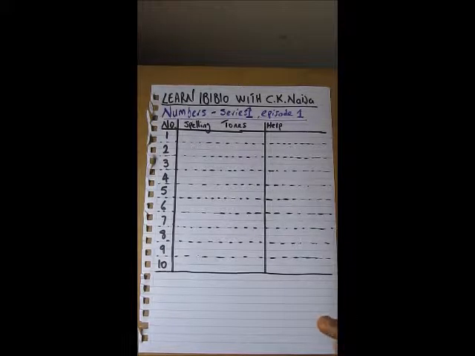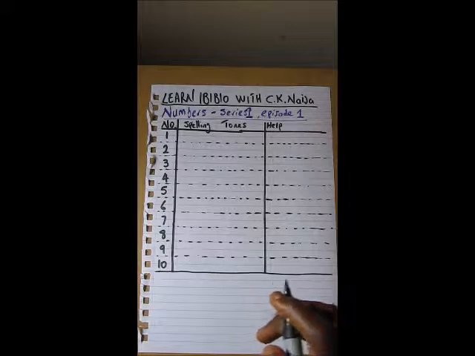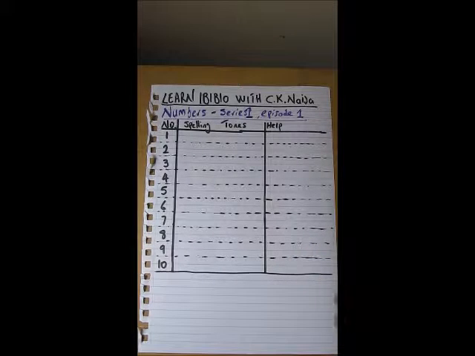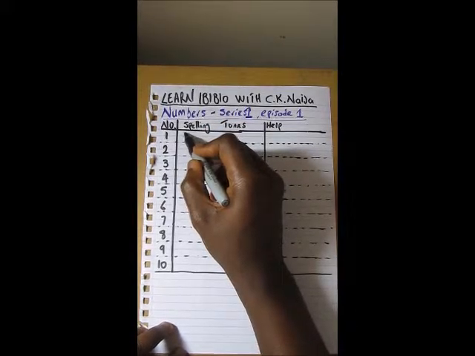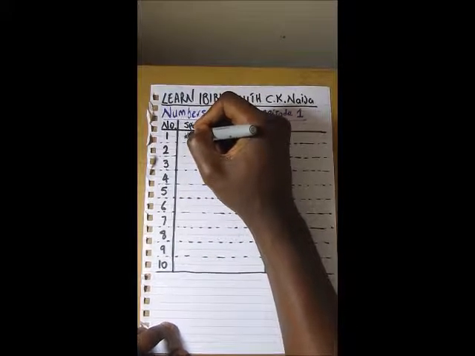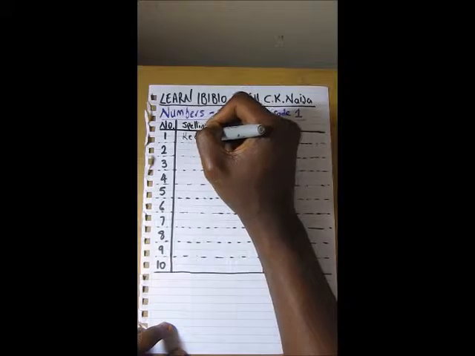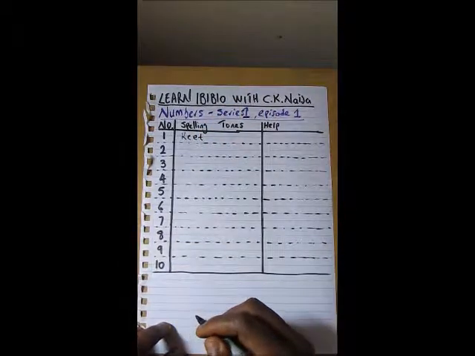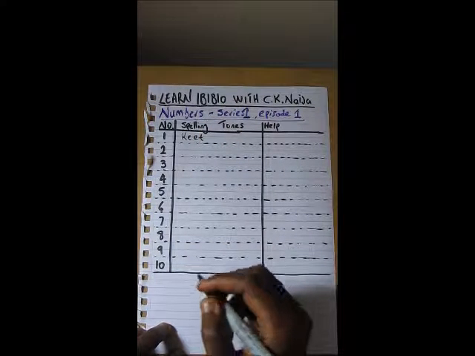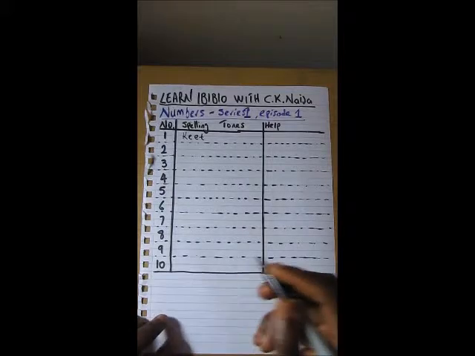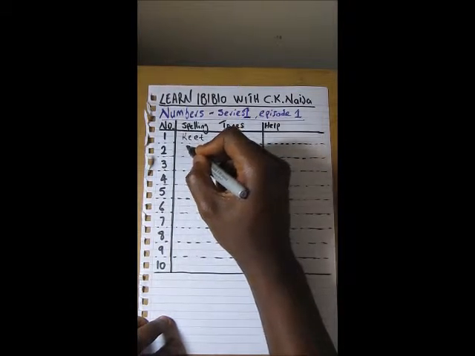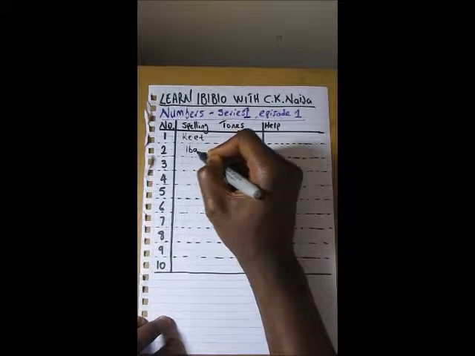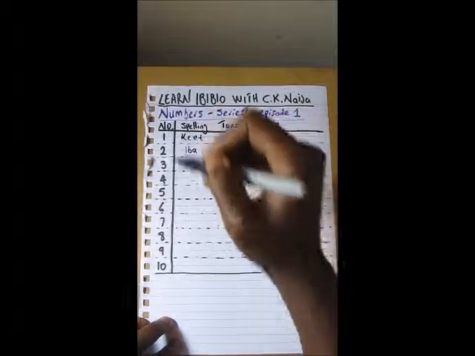So in this video, we're going to be learning just the numbers from 1 to 10. The word for 1 is kiet, and that is spelled K-E-E-T, kiet. And then for number 2, iba, I-B-A, right?